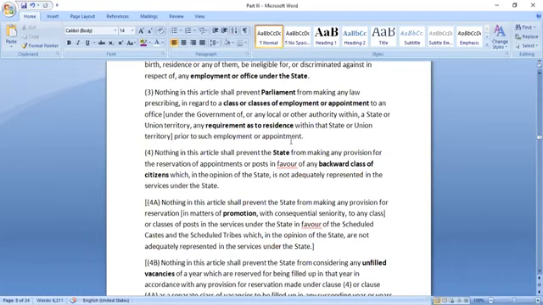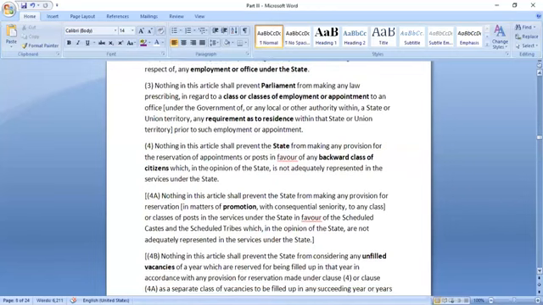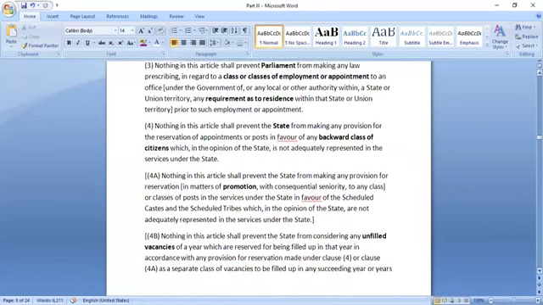For example, if a person has to work in remote villages of Karnataka, it is important that the person knows Kannada and knows the problems that people are facing there. So for certain matters, Parliament can make it a requirement that residence in the state or territory is needed, maybe for a few months or a few years.